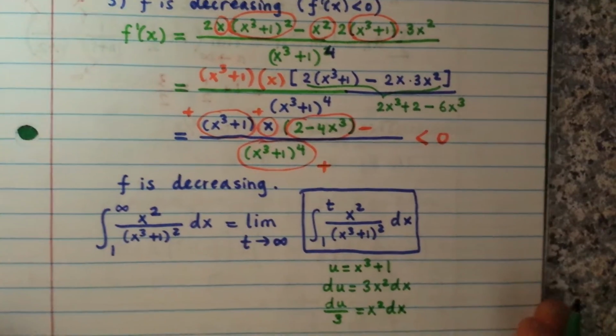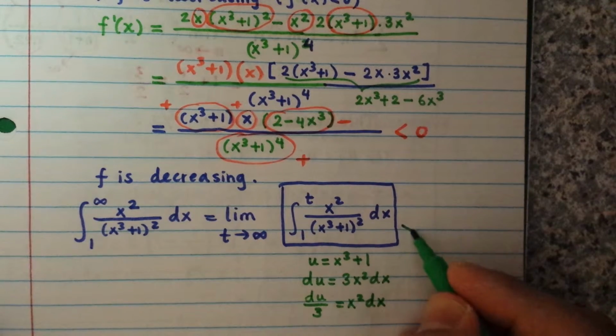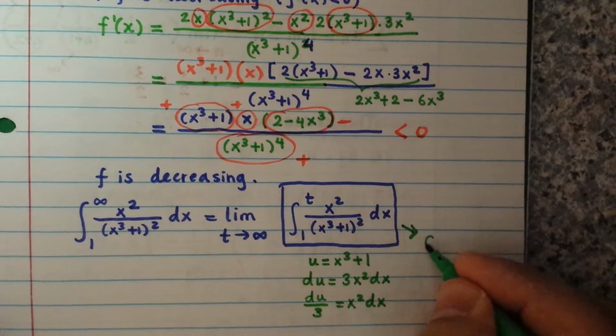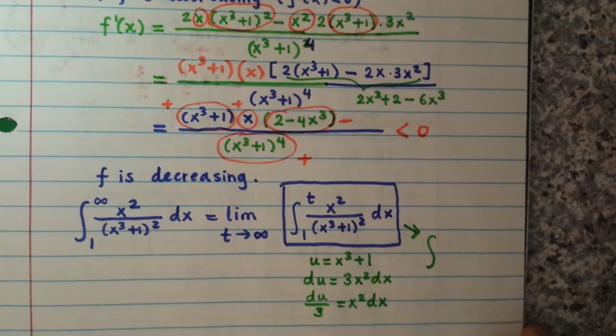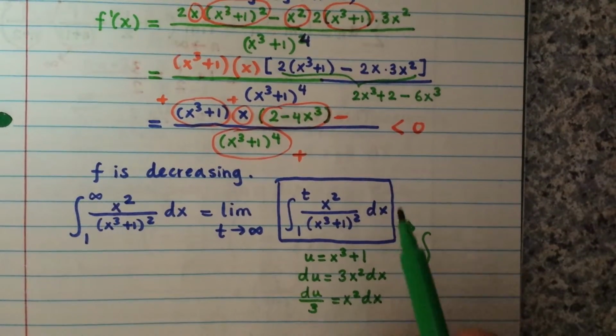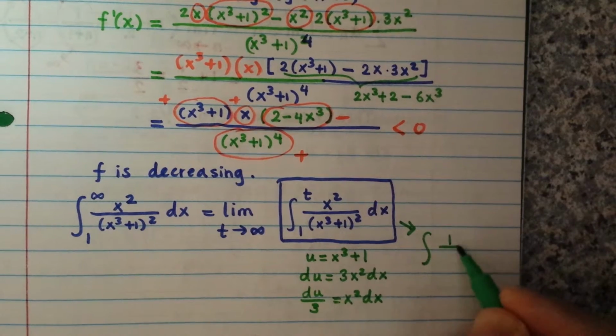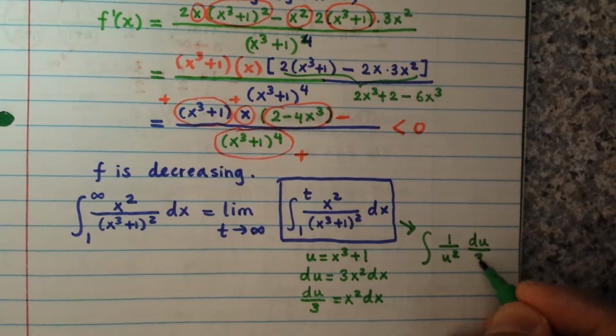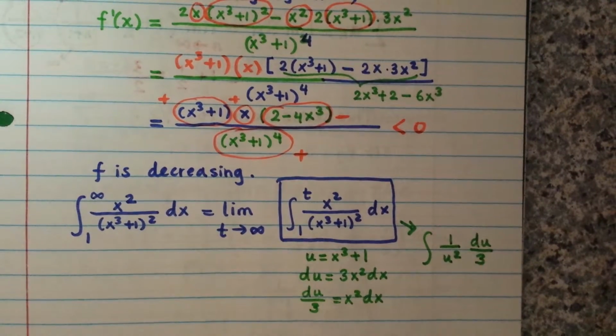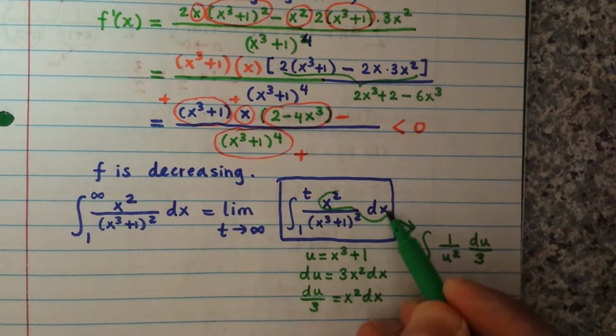If you want to write only this integral down, I'm not going to write down the boundaries because we're going to write them at the end with 1 and t, and we don't change them. But you see that will be 1 over u squared times du over 3.